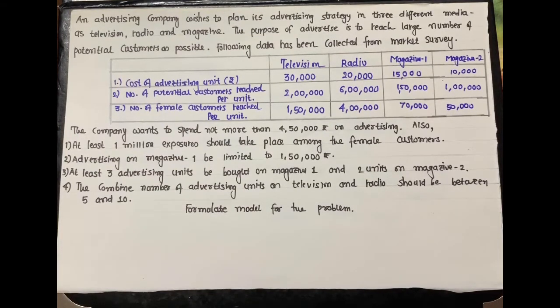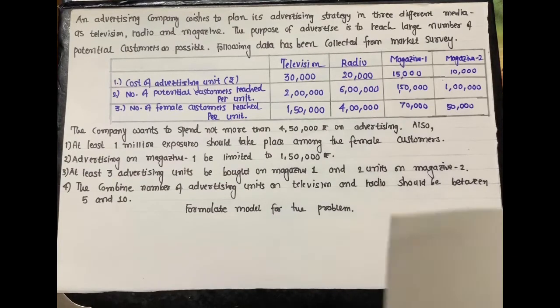Third, at least 3 advertising units be brought on magazine 1 and 2 units on magazine 2. Last, the combined numbers of advertising units on television and radio should be between 5 and 10. For this given information, formulate the problem.